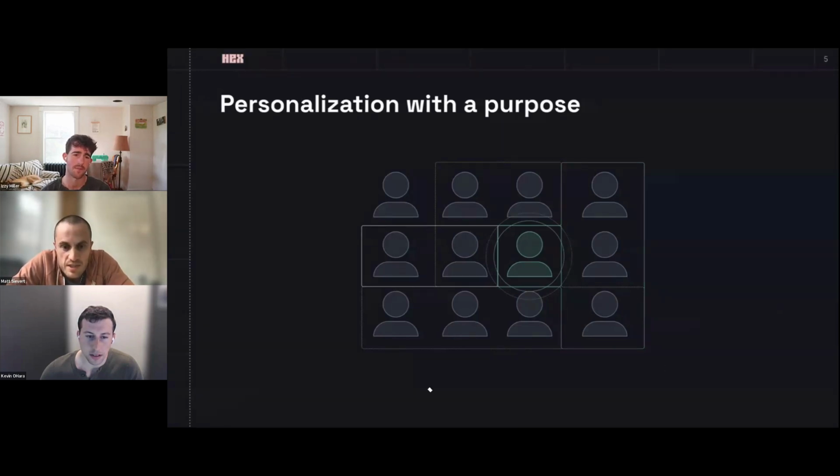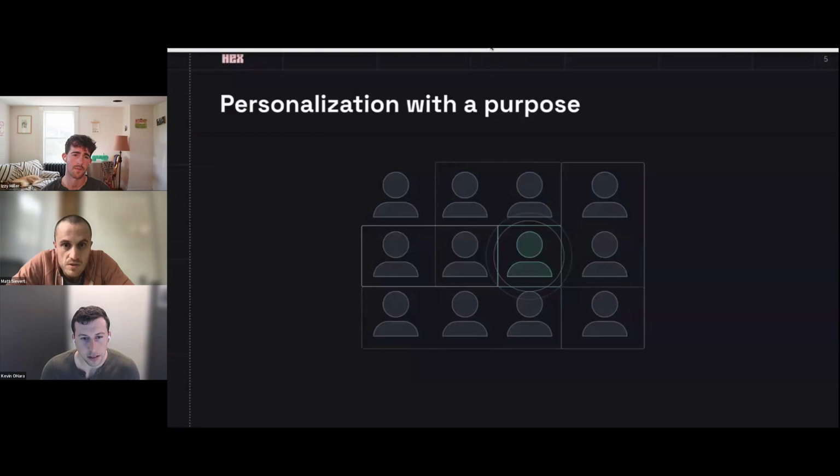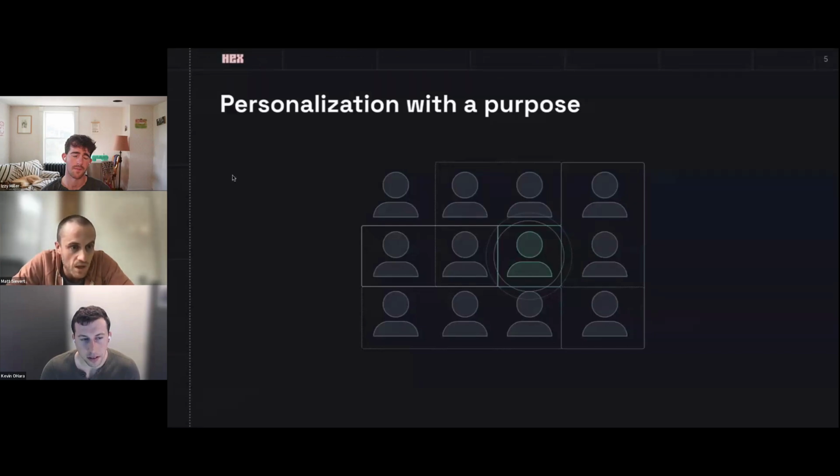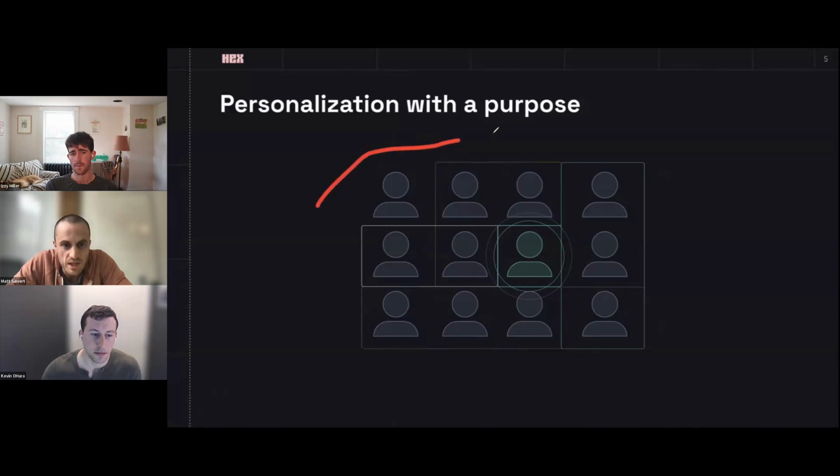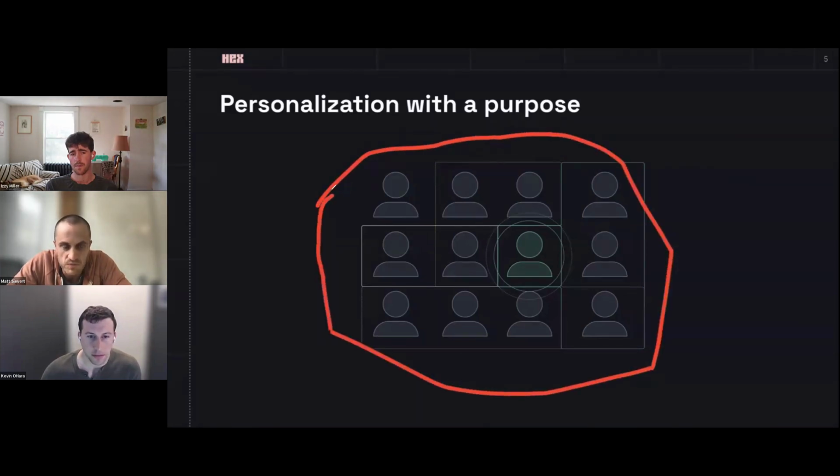If you imagine this little diagram of 12 people, it represents every customer in a brand's loyalty program, right? So I've got the eraser. You can imagine if you're a marketer, you want to send campaigns to these people to try and drive value, try and make the program interesting for them. The most basic campaign you can do would be just to send a huge message to every single one in the program.